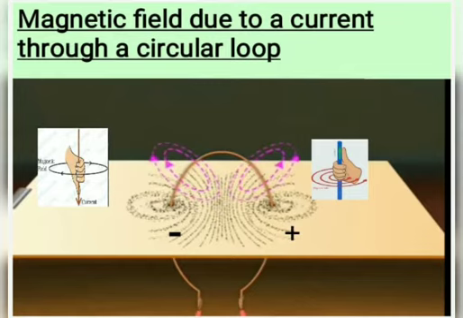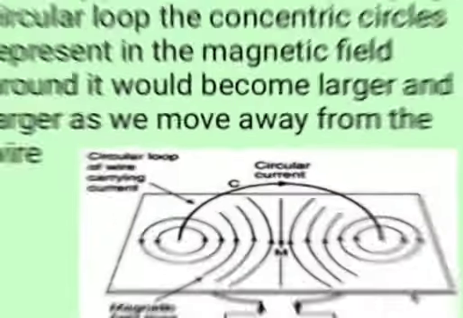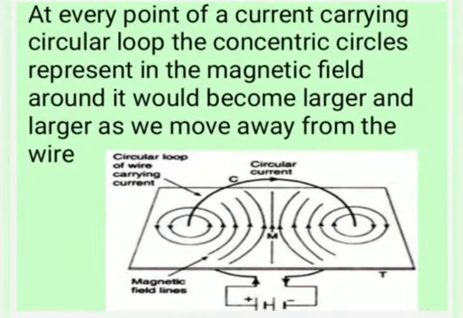At every point of a current carrying circular loop, there are concentric circles representing the magnetic field around it. They become larger and larger as we move away from the wire. We already saw this pattern in the case of a straight conductor.